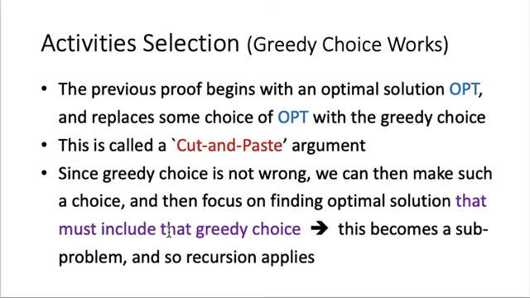And after that, we will focus on anything that is compatible with it. So we will find an optimal solution in the future that must include the greedy choice. And this becomes a subproblem, and so recursion applies. Okay, so this is the description of the activities selection problem.